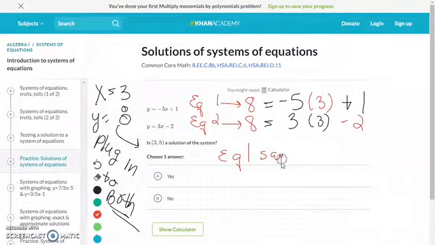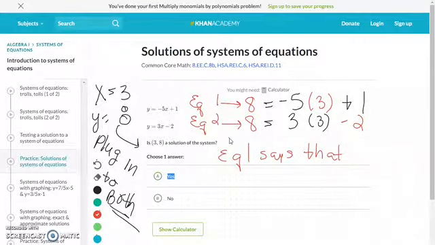So equation number 1 says that 8 may equal negative 5 times 3 plus 1, which is negative 15 plus 1.